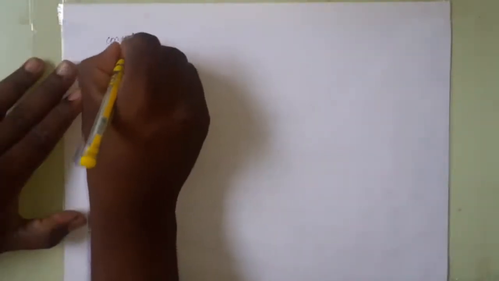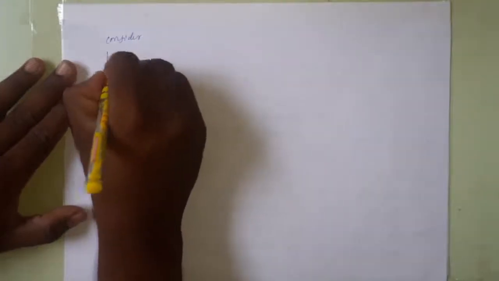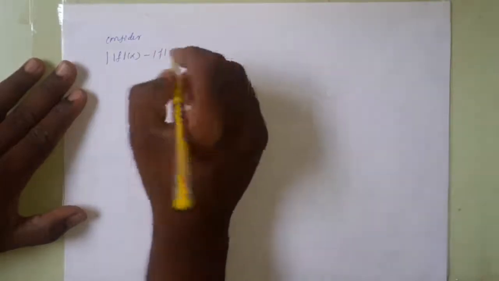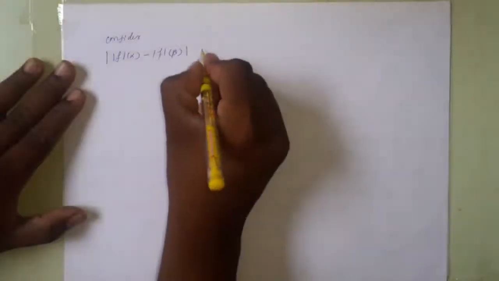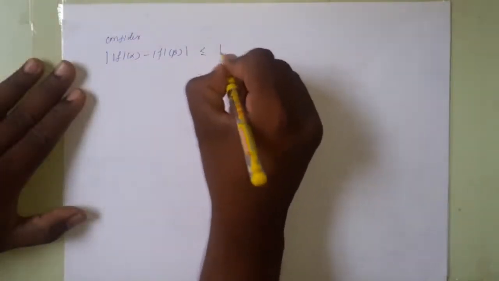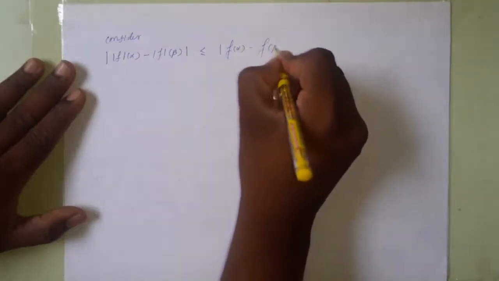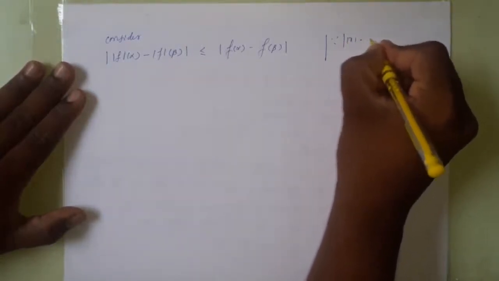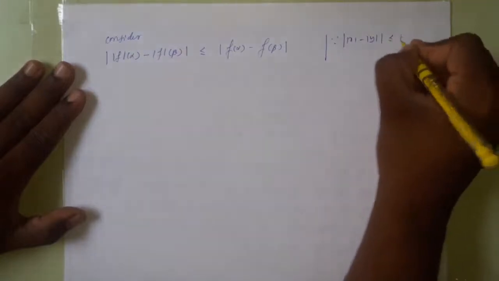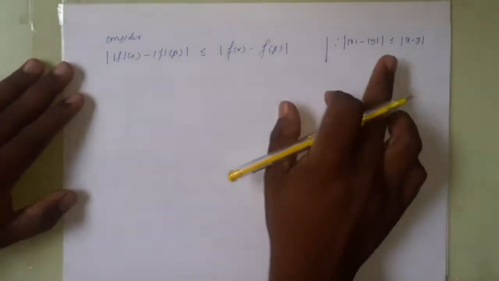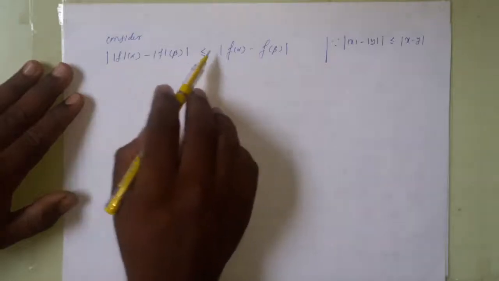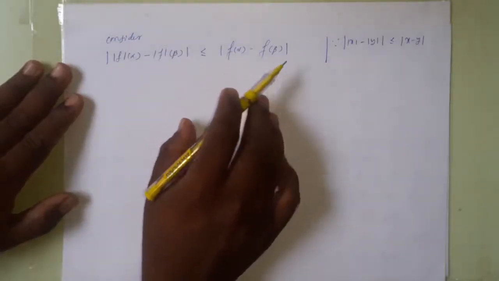And now consider |f(alpha)| minus |f(beta)|. Here we have one property of the modulus function, that is, ||x| minus |y|| is less than or equal to |x minus y|. By using this property, we have written the result: ||f(alpha)| minus |f(beta)|| is less than or equal to |f(alpha) minus f(beta)|.